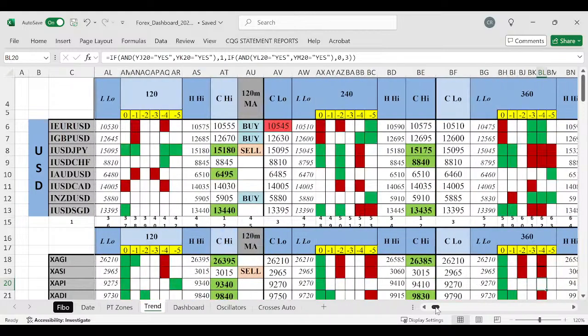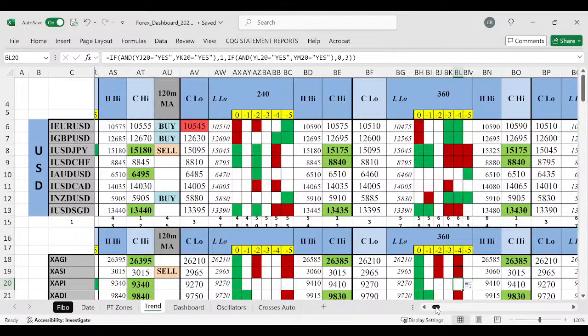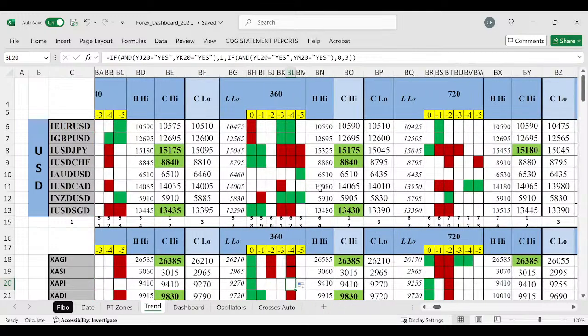Then we have the 360: the euro dollar is down, pound is down, dollar yen is up, dollar Swiss is up, and dollar Sing is up. All this, we should know, is just a counter trend or a small pullback. So we should be able to catch this move in the direction of the trend.